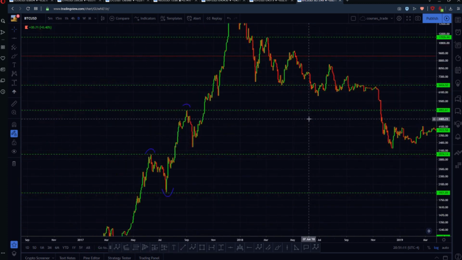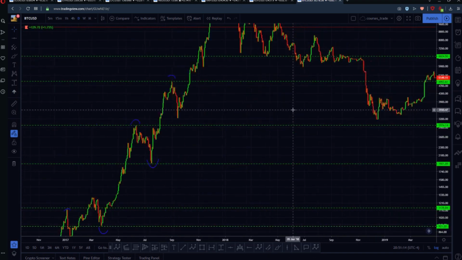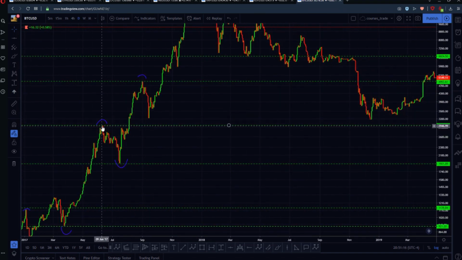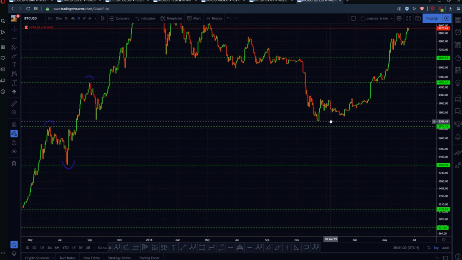But here's what is interesting. This is a resistance that has been established since June 2017. This zone of resistance turned into a support, and then it reacts all the way down, like 2 years after.